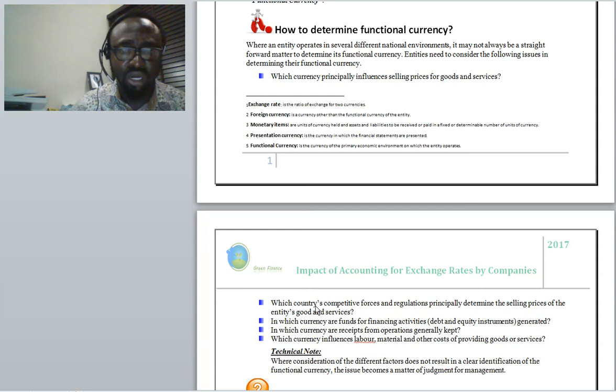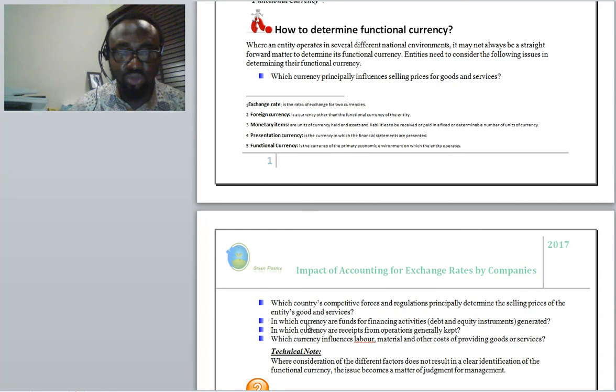When you look at it very well, you'll find out that it is not debatable to say that for upstream activities, the dollar represents the functional currency of oil and gas companies, because the dollar is the primary currency in which crude oil is priced in the international economy and based on trade. And therefore, regardless of the fact that those multinational operations operate in Nigeria and are registered in Nigeria, it could be concluded that the functional currency is the dollar.